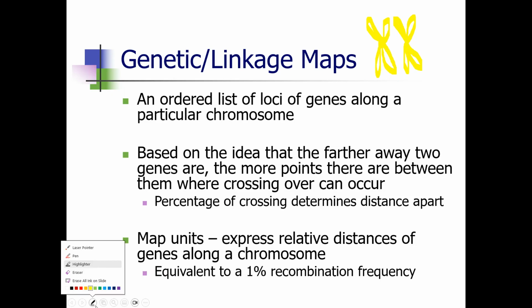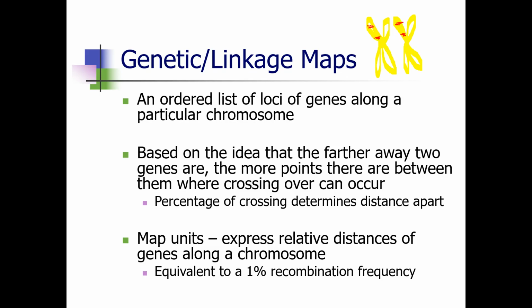All right, I'm going to get a pen. So let's say this is gene number 1 here, and this is gene number 2. All right, and then we're going to have the same thing over here.